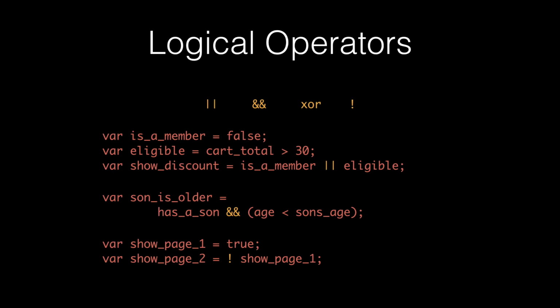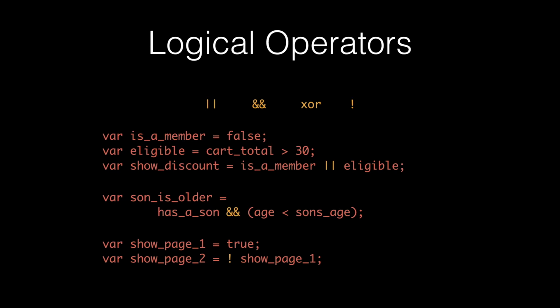So let's follow the logic here. First, the variable is a member is assigned the value false. Then the variable eligible is assigned the value resulting from the comparison between cart total and 30. So if cart total is greater than 30, we will have a true stored in eligible.